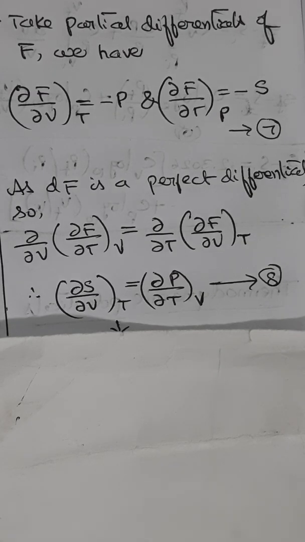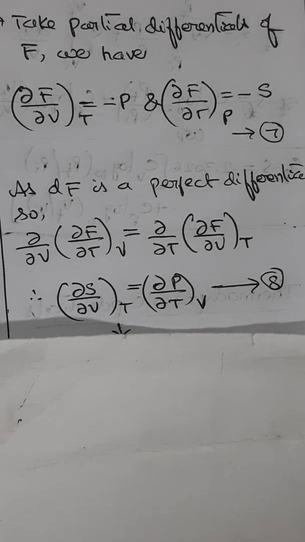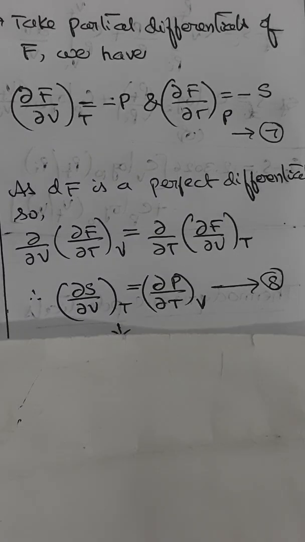Among them, we obtained Maxwell's first thermodynamical relation from internal energy and Maxwell's second thermodynamic relation from the Helmholtz function. In the next session, we will look at the other two thermodynamical potentials, enthalpy and Gibbs function.